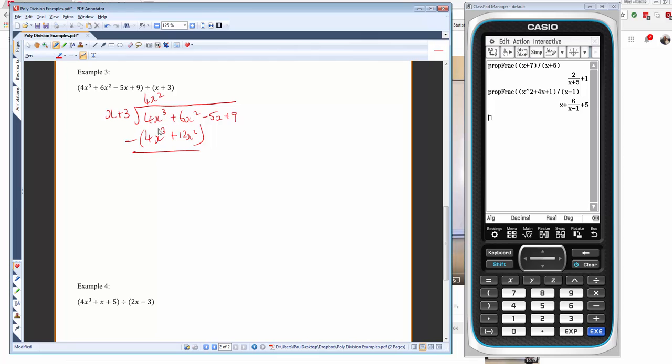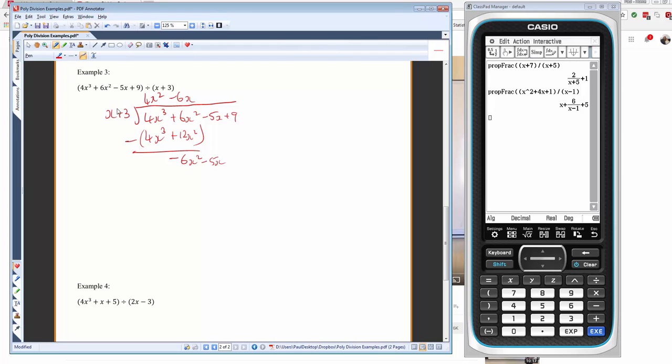Alright, 4x cubed take away 4x cubed is 0. 6x squared take away 12x squared is negative 6x squared. Okay, now we bring down the negative 5x. x into negative 6x squared goes, I think, negative 6x times. Let's try and see whether we were right.